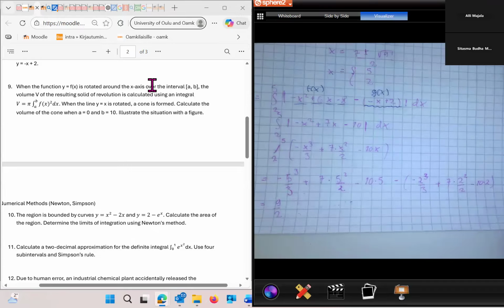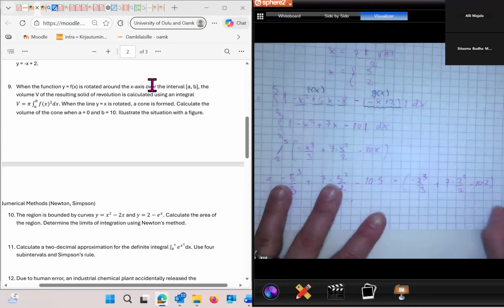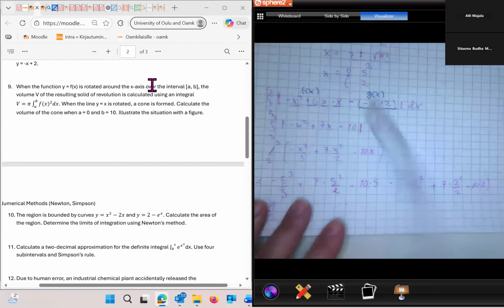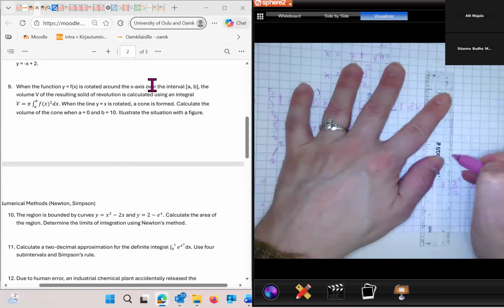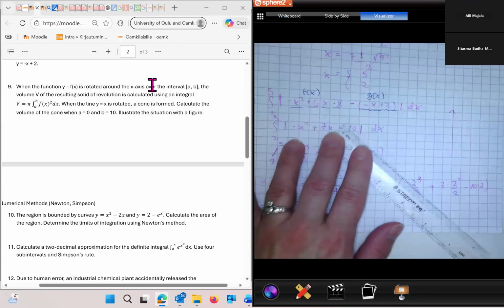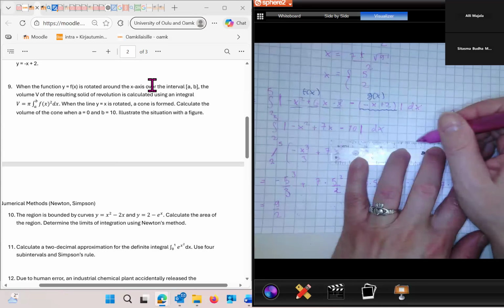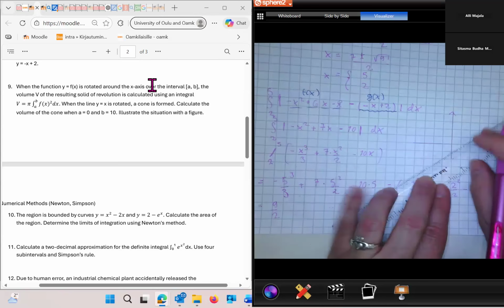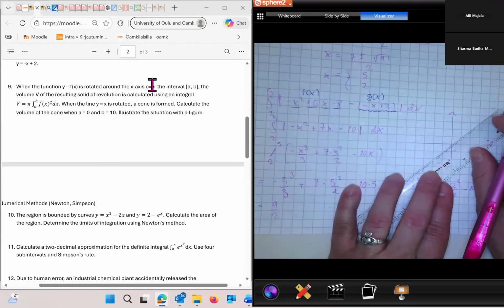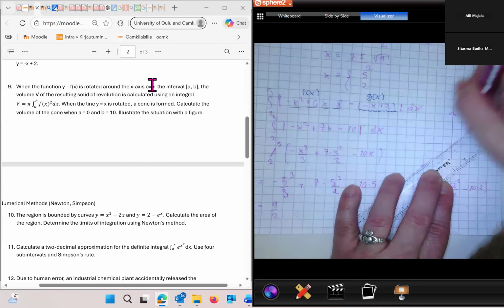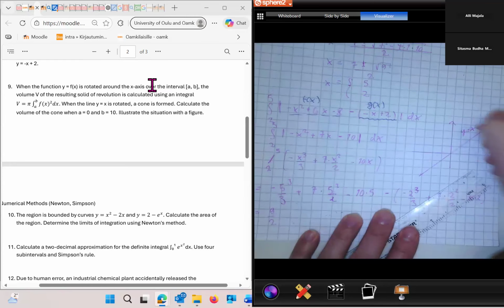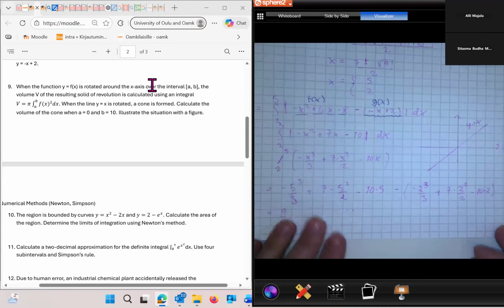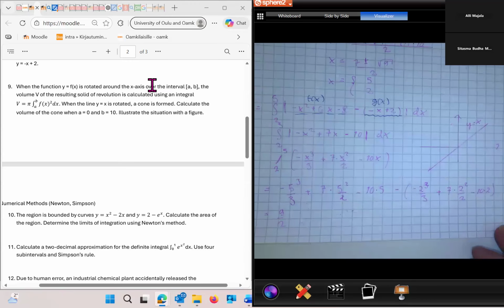So we want to rotate the line y is x, which is the simplest line that you can have. This is, of course, the y is x line and we want to rotate it around the x-axis over some interval.